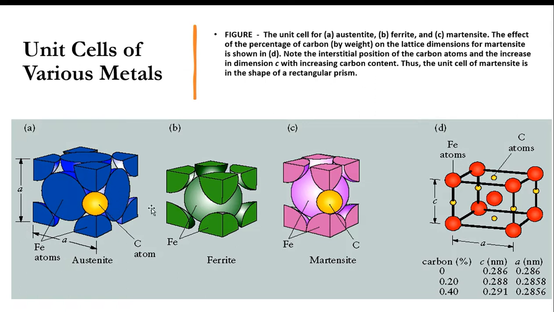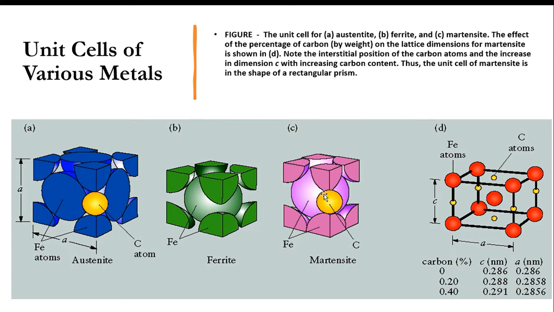So here you can see the changes of structures. This is body centered cubic, this is face centered. You can see inside the face centered, right, there is another atom placed inside the face centered structure.